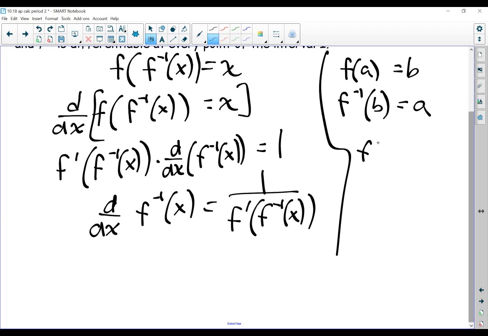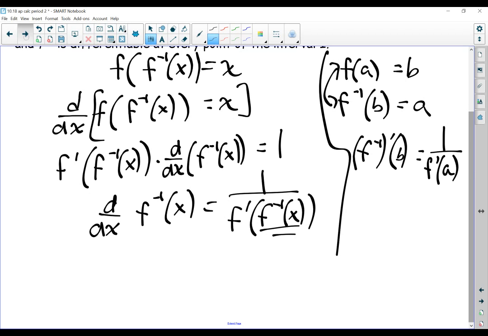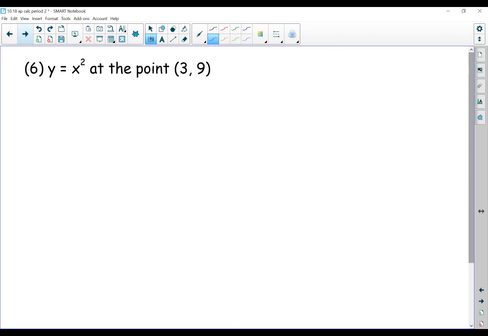So if I want the inverse slope at b, because that is the input on the inverse function, I would have to do 1 over f prime of a, because that is the output. So if you notice, it's f prime of whatever the f inverse of x is. So you have to think, what are the corresponding points and how do I flip them? So let's do a couple examples of this so that you can see why it's helpful.